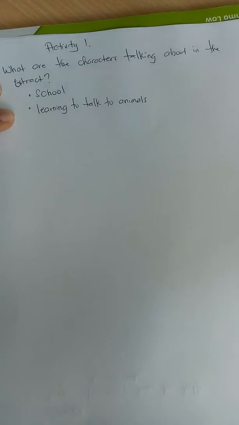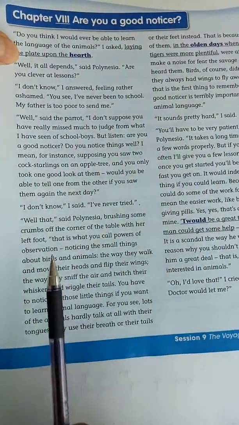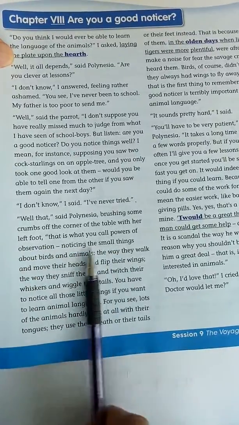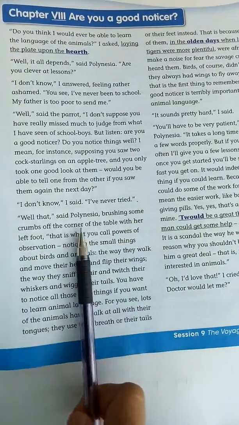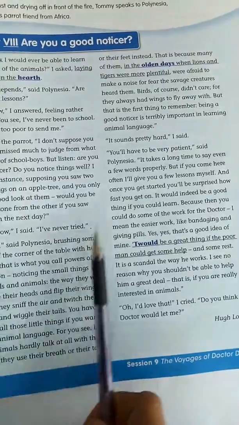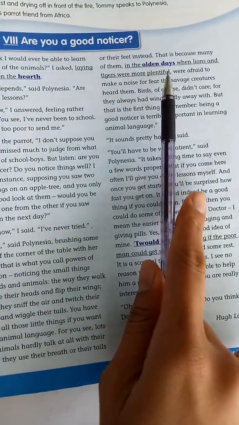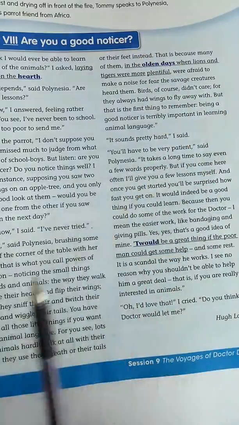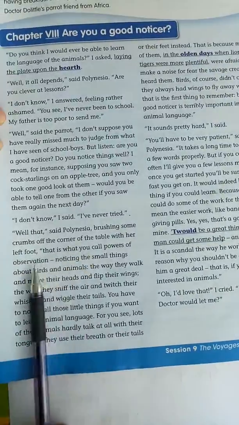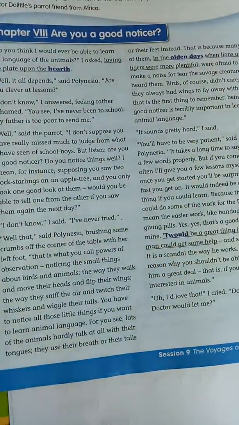And the second topic they are talking about is learning to talk to animals. On the extract, you will see it here when Polynesia described the actions or the language of the animals, and the reason why before the animals are not really talking. So on this paragraph and in this paragraph you will see.